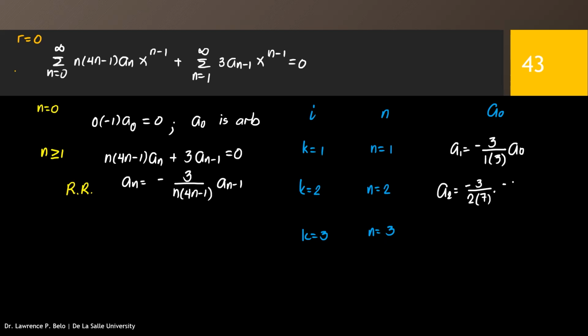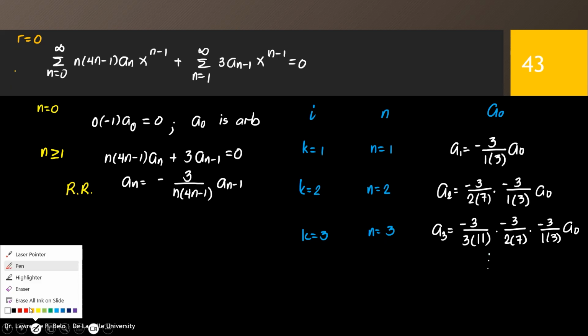But a sub 1 is -3 over 1, 3, a sub 0, right? And then here, a sub 3 is -3 times 3, 3 times 4, 12 minus 1 is 11. Times, let's just copy the top, 1, 3, a sub 0, and so on.